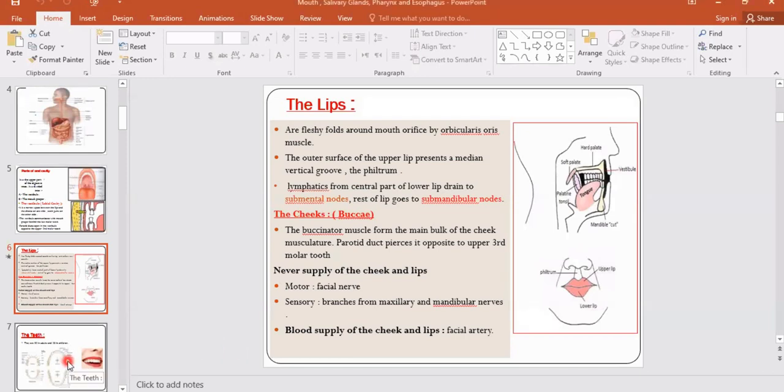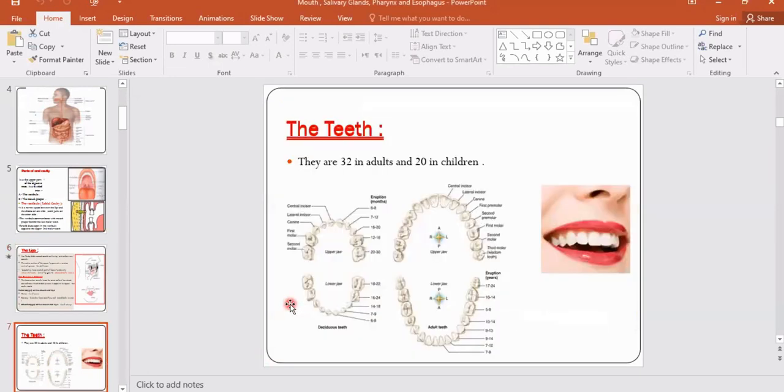Now, I think you don't have to remember all the teeth's names. There are 20 in children, which are called deciduous milk teeth. After these are removed, everybody has gone through this process, and then finally we have 32 teeth. Not 32 in one jaw, but 16 in the upper jaw and 16 in the lower jaw, total 32.